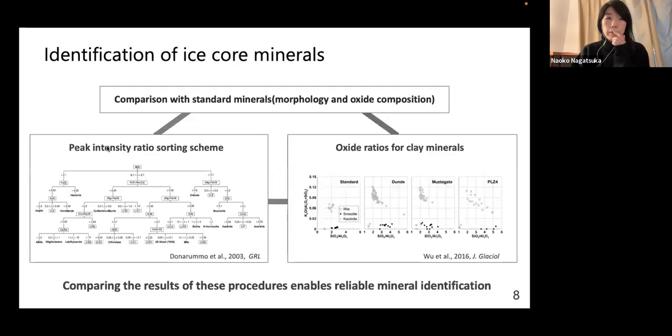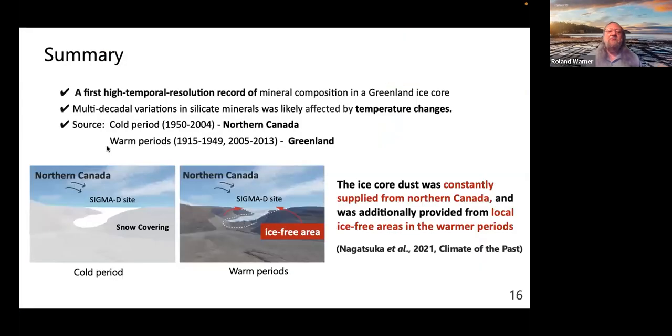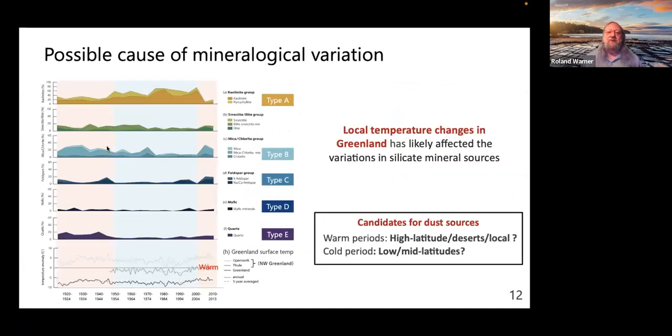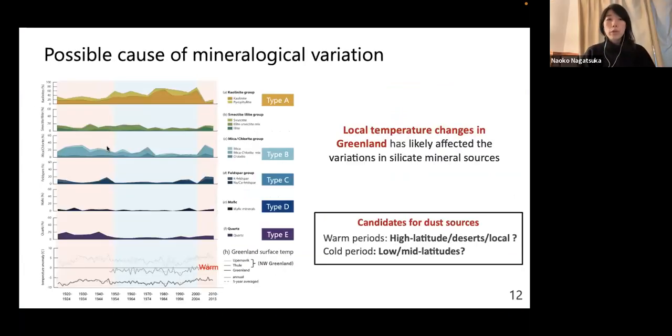If you take size, then presumably you get fine as well as coarse grains from a local source. Actually, I analyzed the particle size of each mineral type, but I can't show it in this presentation.